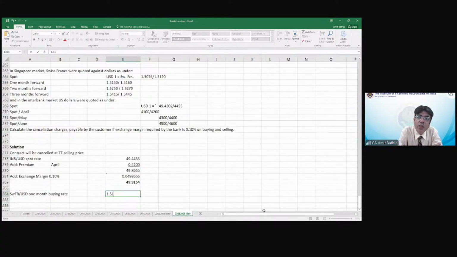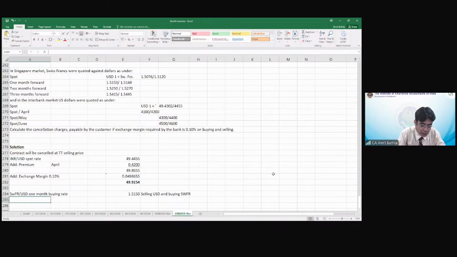So you are going to sell USD, am I right? You are going to sell USD to buy Swiss franc. So you are going to sell at what rate? 1.5150, because this is the rate at which you are selling USD and buying Swiss franc, right?